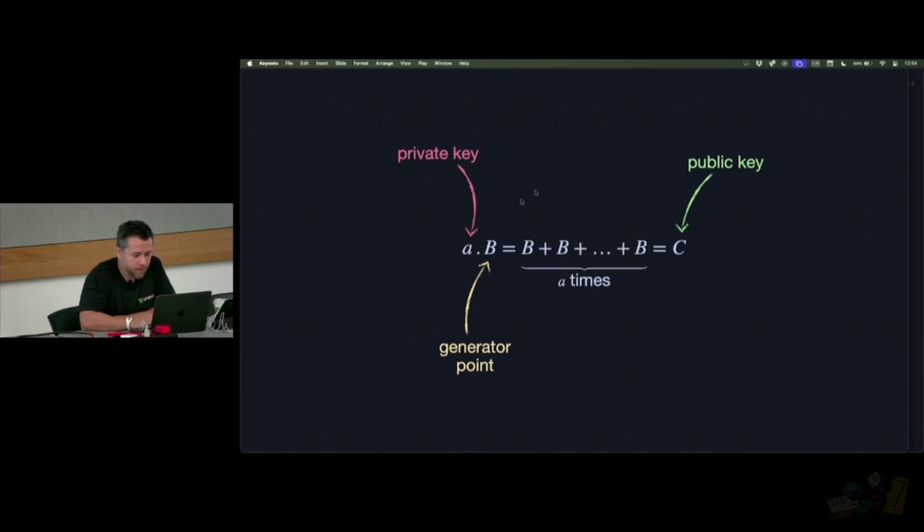But given B and given C, it's supposed to be impossible to calculate a without going and trying a lot of a's and just trying to brute force this thing. This is called the discrete log problem for the elliptic curve. And we are going to see this equation again. And this will give us a notion of a signature that we are trying to get with the math.